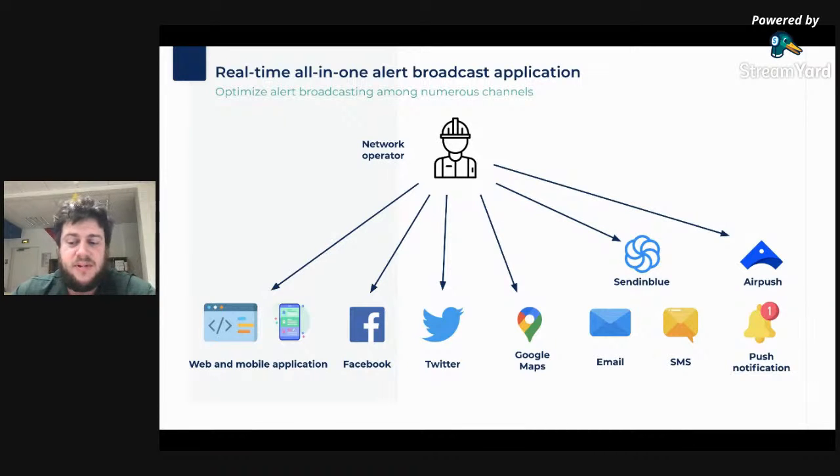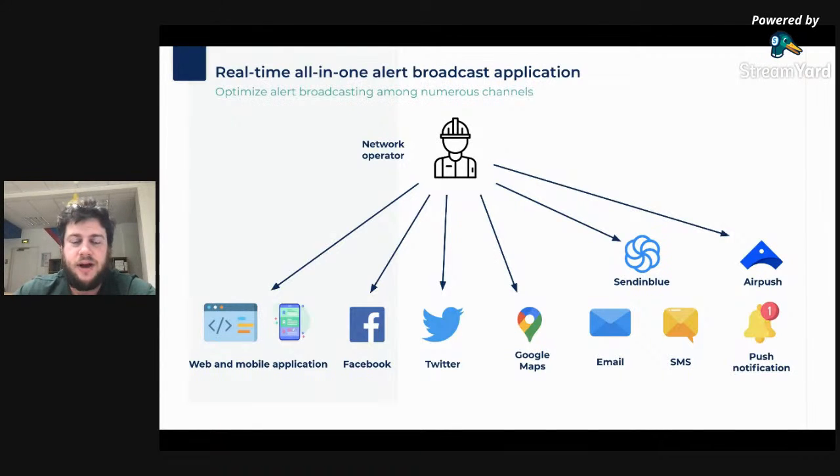However, nowadays, many communication channels are available for the different commuters, and they all have their preferred one. For example, for the simpler network, we always have a web and mobile application of the network, Facebook groups, Twitter accounts, Google Maps itineraries, and sometimes notifications through email, SMS and push notification.